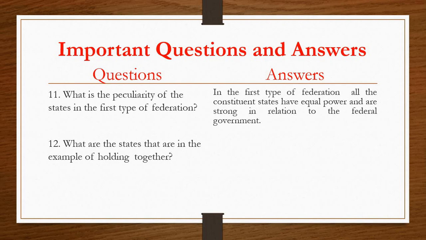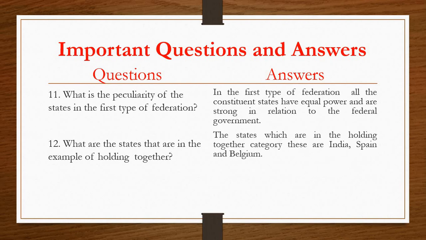Now the holding together. States which are in the holding together category are India, Spain, and Belgium. What happened? India is a big country and several states are there, and they are united by the central government.